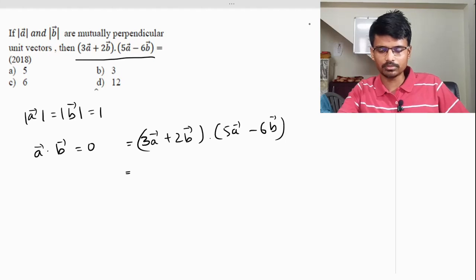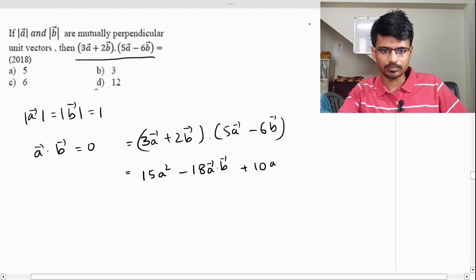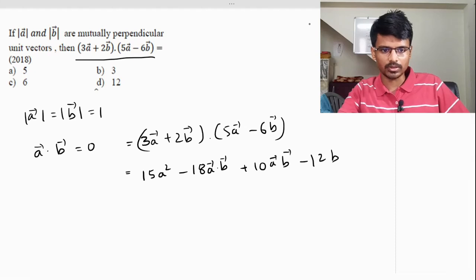So let me expand this. What do I get? 15a square minus 18ab plus, oh, I'm so sorry, just 10ab, no? 10ab, 2 6s are 12, minus 12b square.